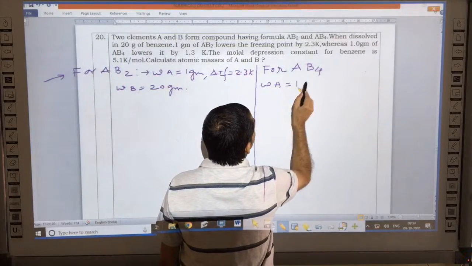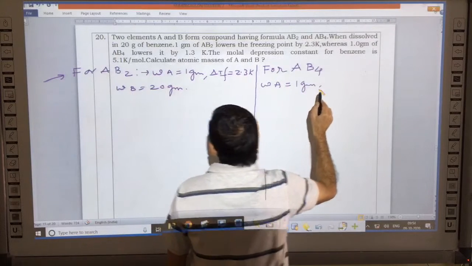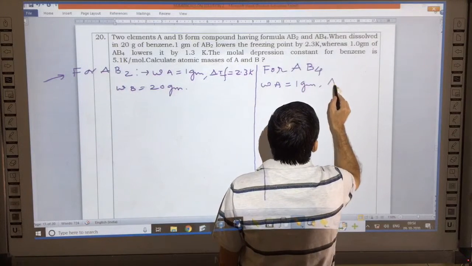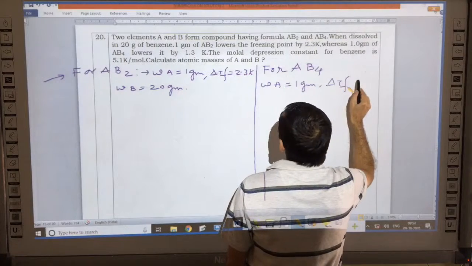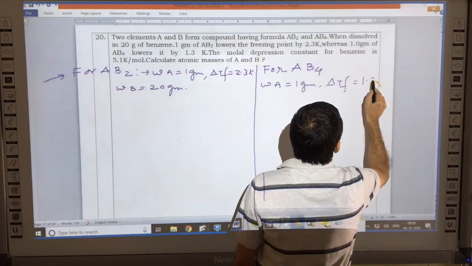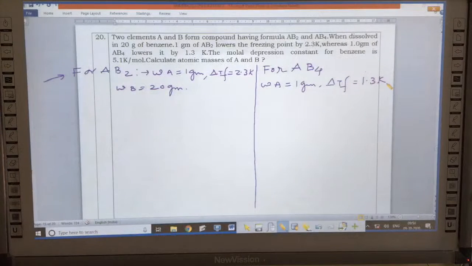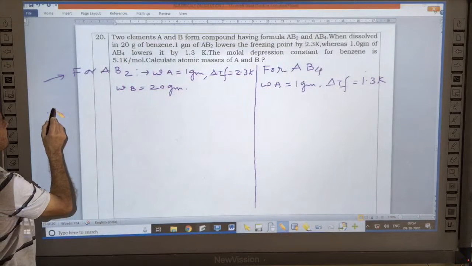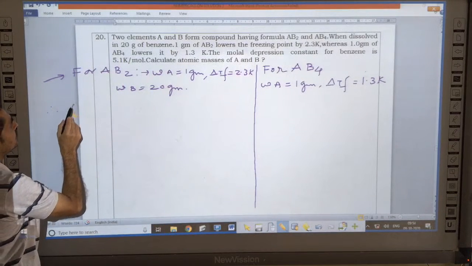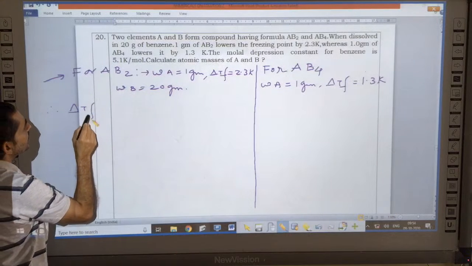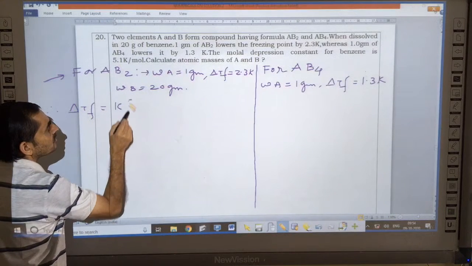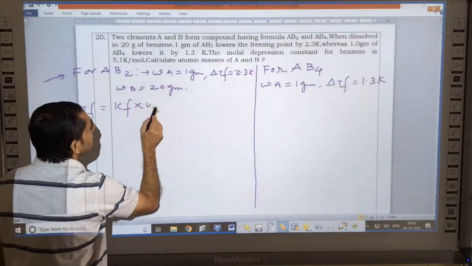WA is equal to 1 gram, and lowering of freezing point, delta TF, is equal to 1.3 Kelvin. TF value is given.